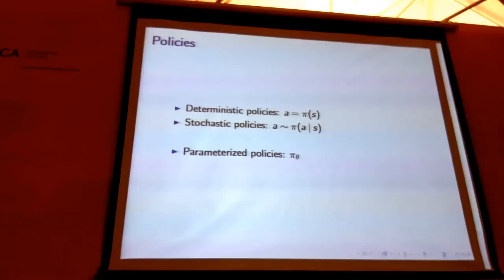We can talk abstractly about a policy, which is just a function or a probability distribution, or we could talk about a parameterized policy, where we assume there's some parameter vector theta which indexes over policies, and this is just a vector of real numbers. Then we just have some optimization problem over theta. Any questions so far?